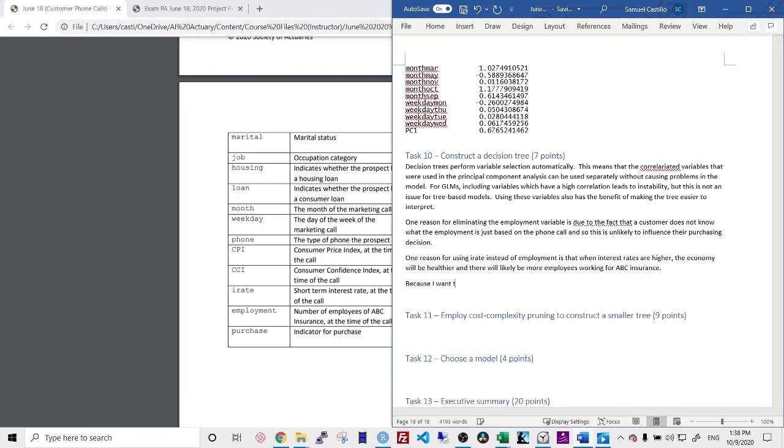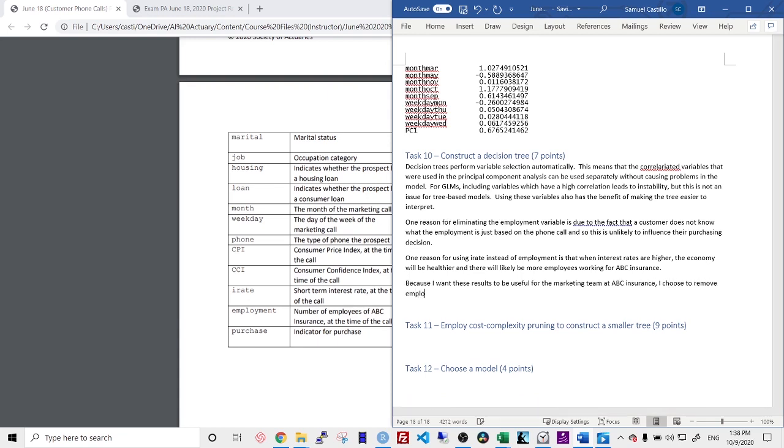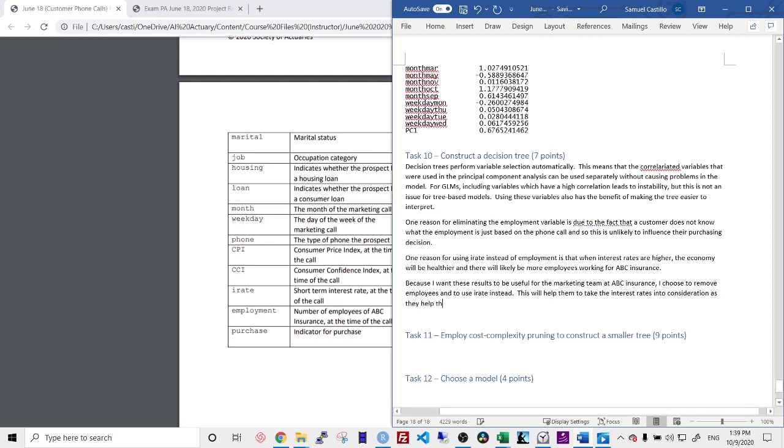Because I want these results to be useful for the marketing team at ABC Insurance, I choose to remove employees and to use irate instead. This will help them to take the interest rates into consideration as they help their sales team to sell the insurance products to customers.